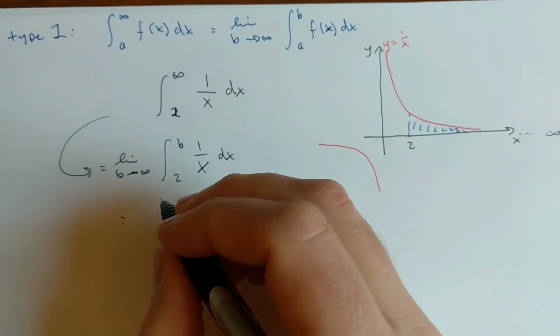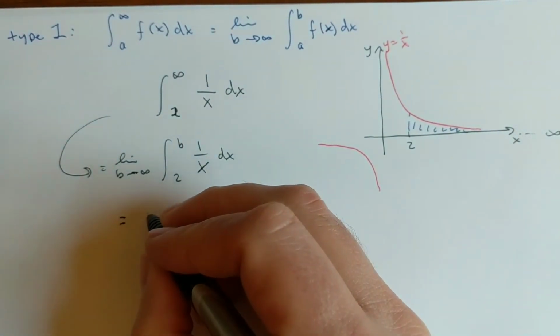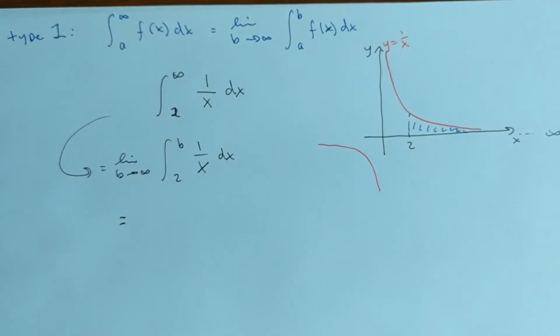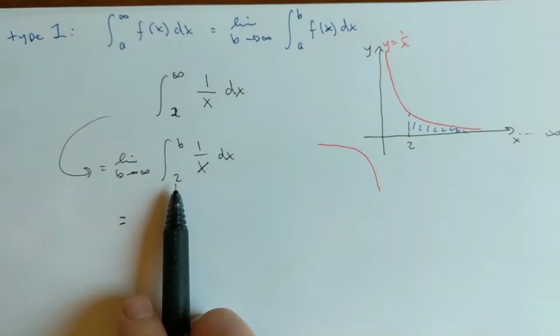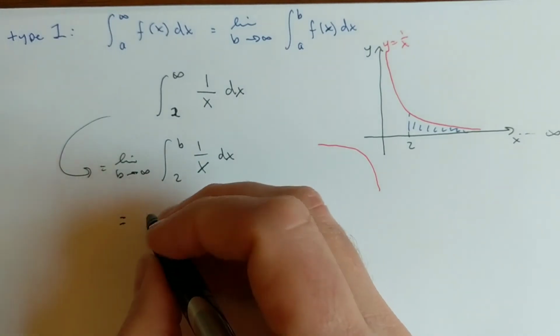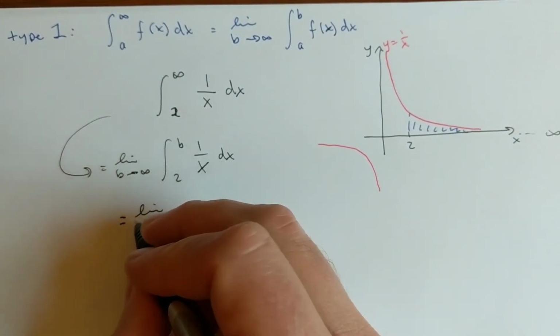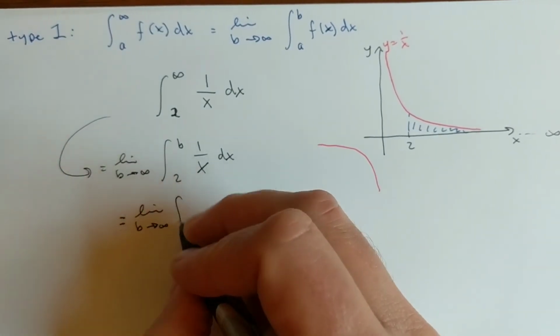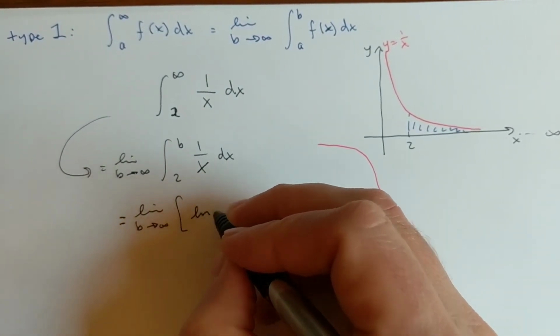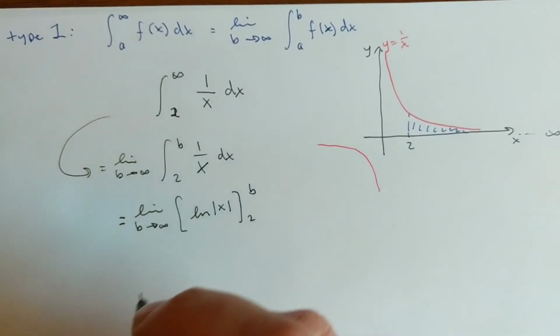Remember that the antiderivative of 1 over x is the natural log of the absolute value of x, but we don't have to be too careful with absolute values, because all the values we're plugging in are going to be large and positive. So we take the limit as b goes to infinity of the natural log of x, from 2 to b.